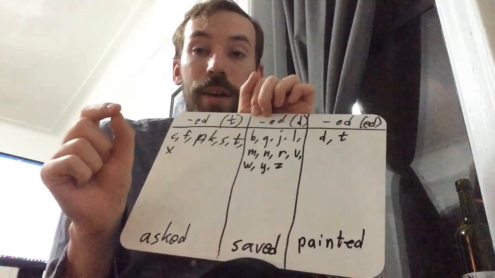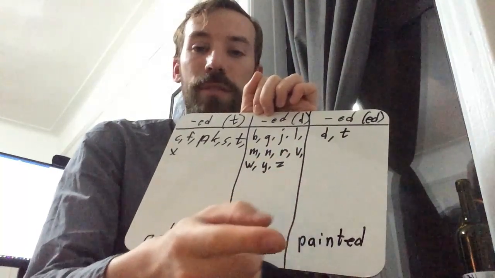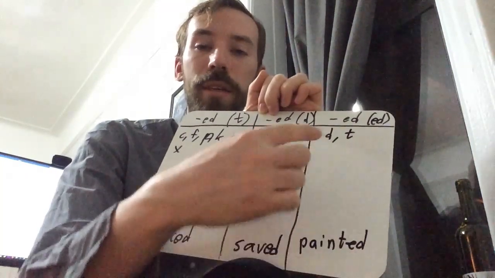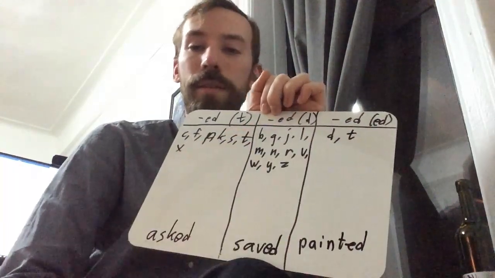Now when you have a T or a D, that's when it gets different. Painted. When you have the T or the D, you would just say ed. Painted. So I want to say a word and I want you to try and guess which column it goes in.